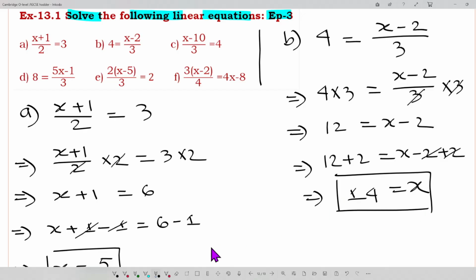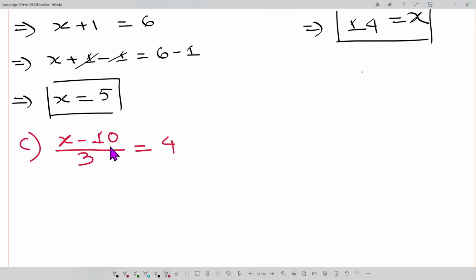14, right? Very simple. Number C: (x minus 10) by 3 equals 4. So first we have to cancel this 3. Therefore (x minus 10) by 3 times 3 equals 4 times 3.